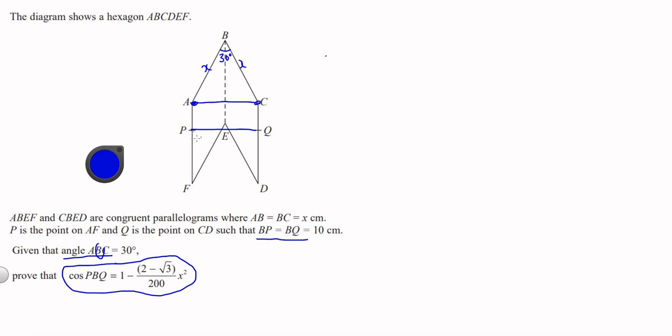When I've got my A to C, I can use whatever I have for that for P to Q. And then I can use the expression for P to Q to work out the angle PBQ, which is what I'm after.